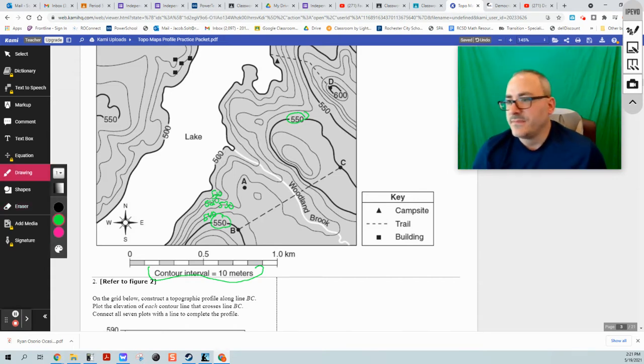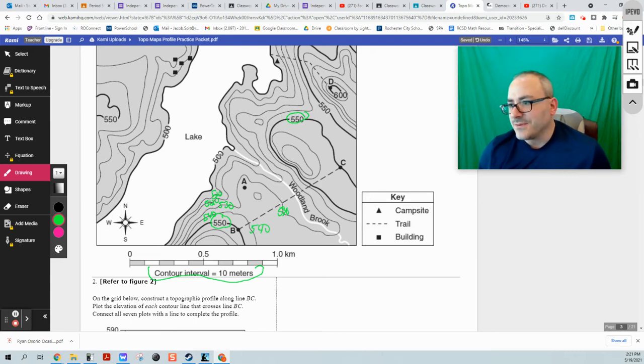Okay. Which means this one here is 540. How did I know that? Because it's the same line as I had over there that I already marked. This line here is 530. All right, barely can see that, but it's there. This woodland brook is not a contour line. I'm going to leave it alone. I have a contour line here.